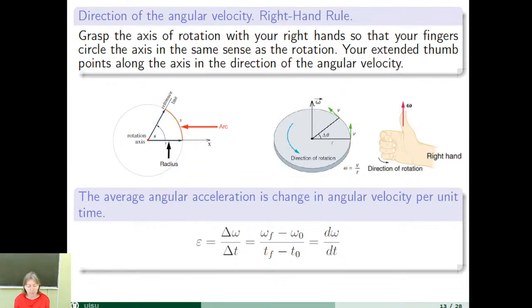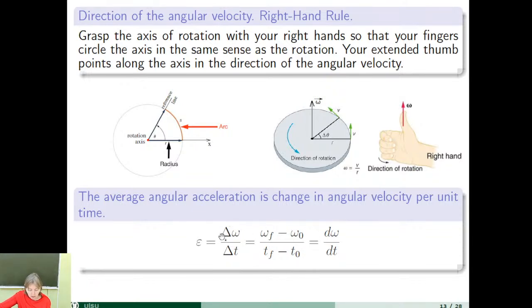Let omega second and omega first be its angular velocities at times t second and t first respectively. The average angular acceleration of the rotating body in the interval from t first to t second is defined as here, omega second and omega first, the final and initial.